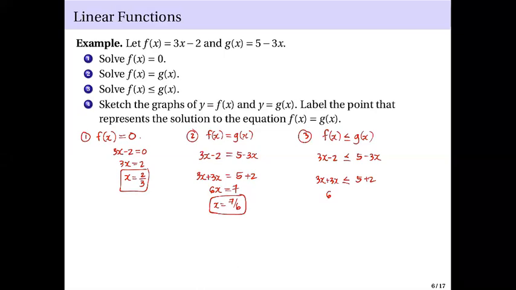So here we have 6x less than or equal to 7. If we divide everything here by 6, since 6 is positive, the inequality will not change. So we'll just have x less than or equal to 7 over 6.